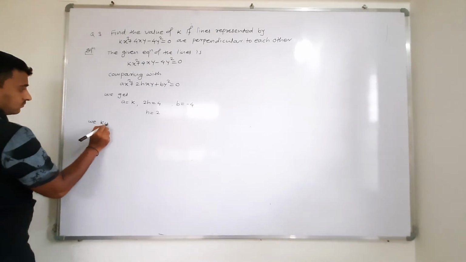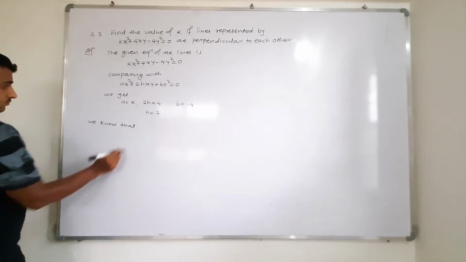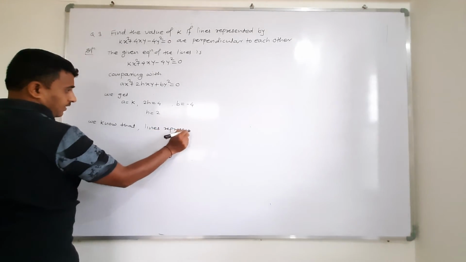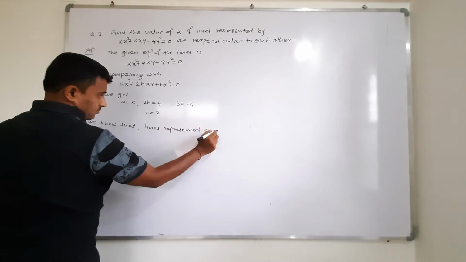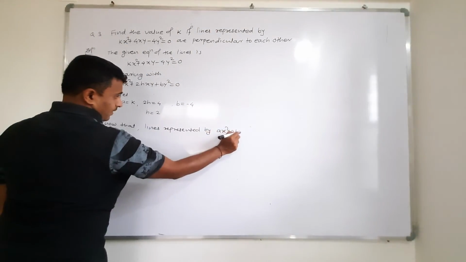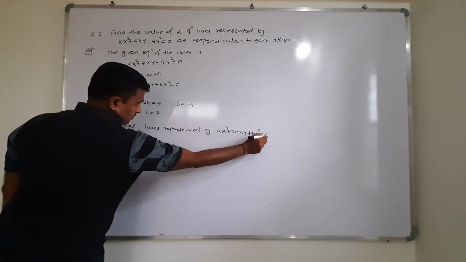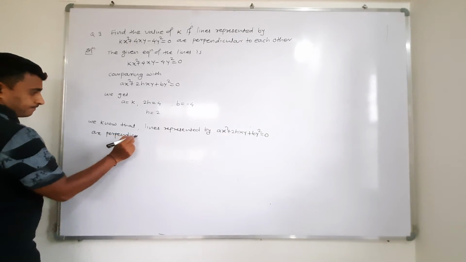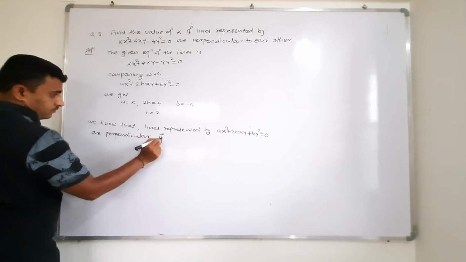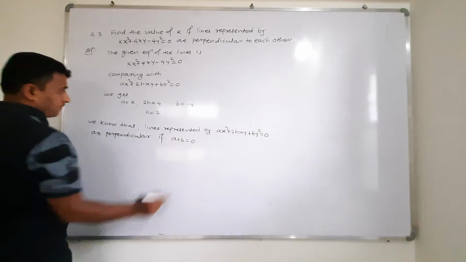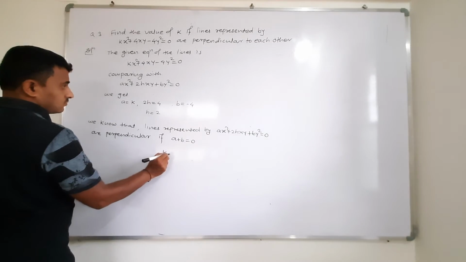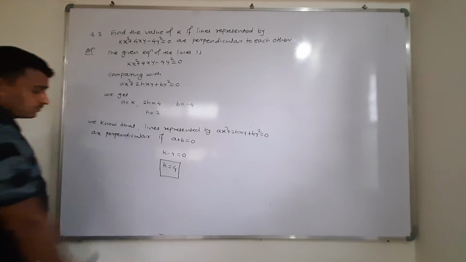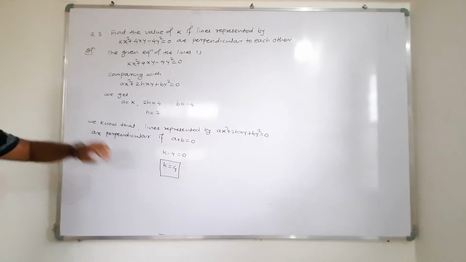We know that lines represented by x square plus 2hxy plus by square is equal to 0 are perpendicular if a plus b is equal to 0, that is k minus 4 is equal to 0, k is equal to 4. Since the lines are given as perpendicular, we can take a plus b is equal to 0.